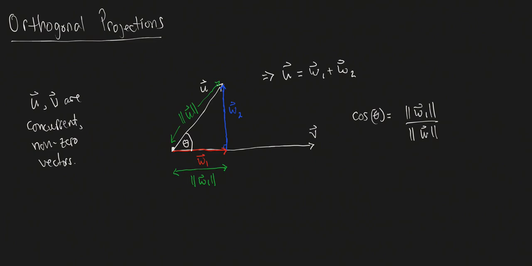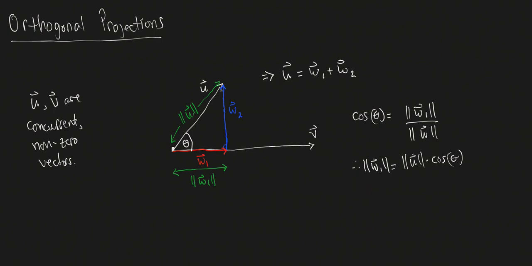And let's say I multiply both sides by the magnitude of u. So this implies that the magnitude of w1 is the magnitude of u times the cosine of theta, right?